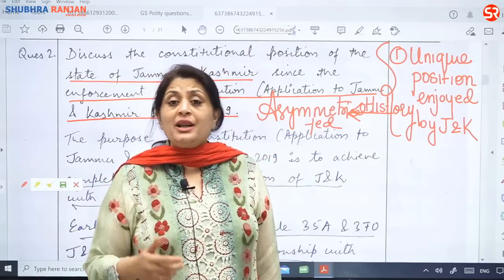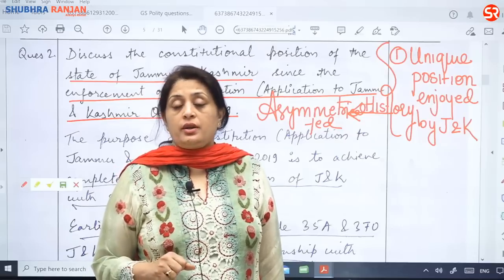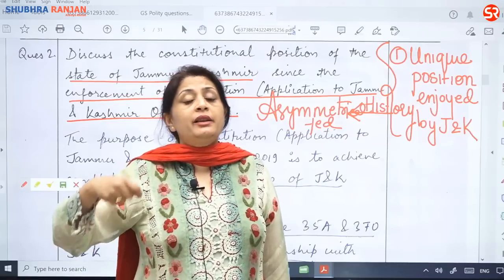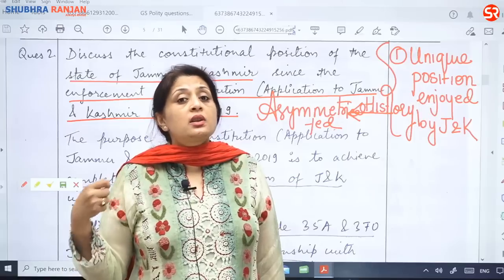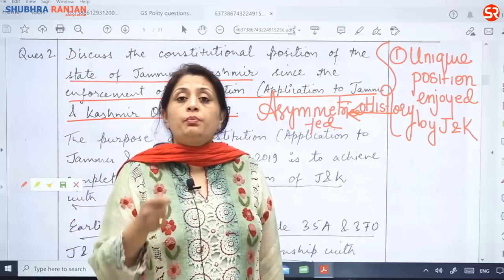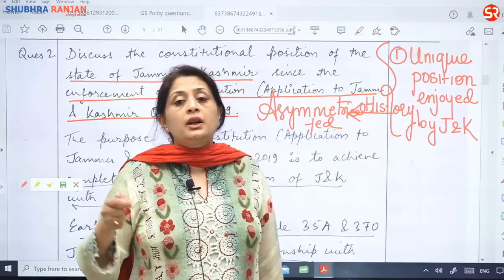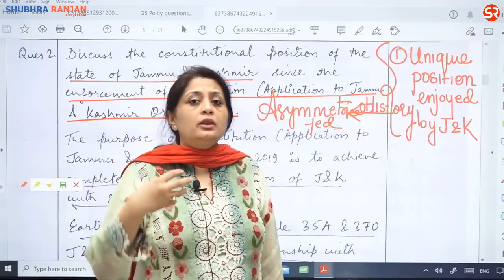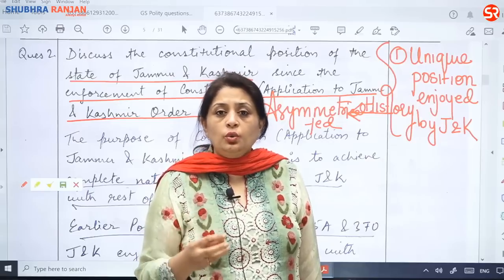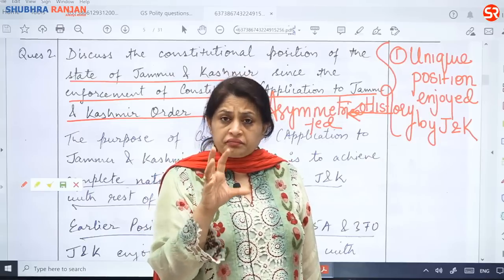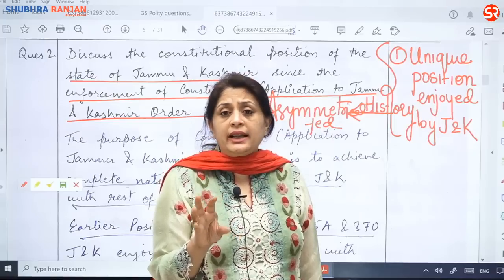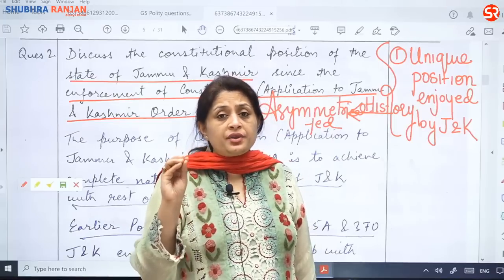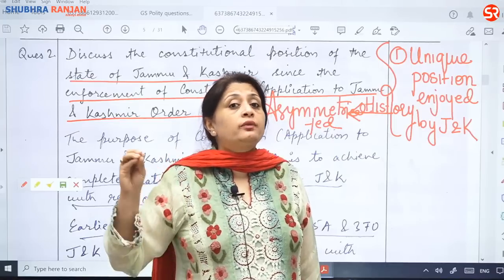Fine. The government has justified this particular decision by saying that it will check the separatist trend, it will promote the development of this particular region, it will address the problems of the youth, because if you want to tackle militancy, you have to address the alienation of the youth.